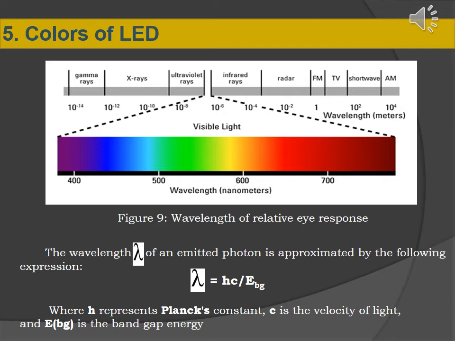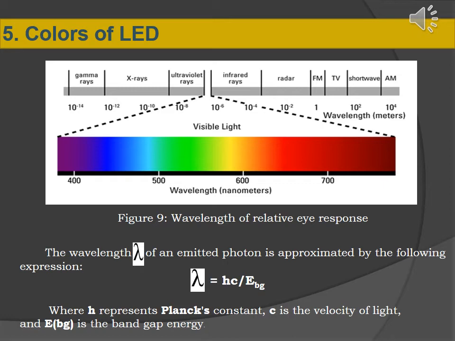The material used in the semiconducting element of an LED determines its color. The two main types of LEDs presently used for lighting systems are aluminum gallium indium phosphide alloys for red, orange and yellow LEDs, and indium gallium nitride alloys for green, blue and white LEDs.